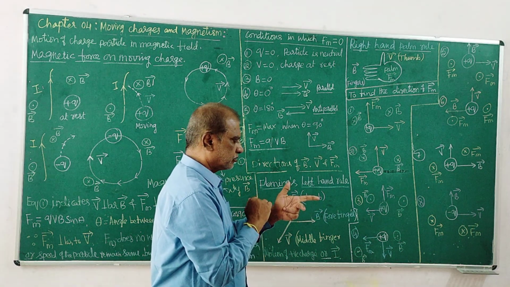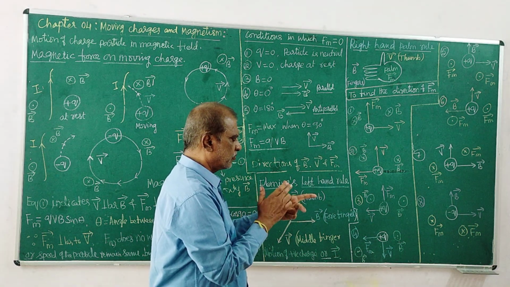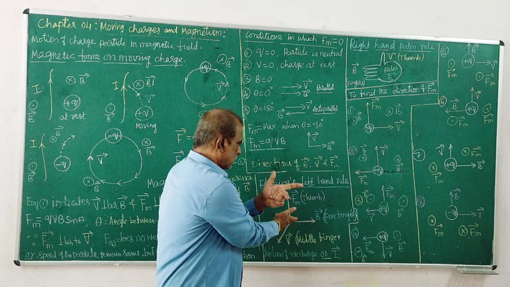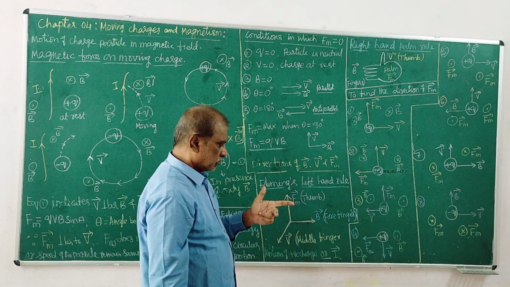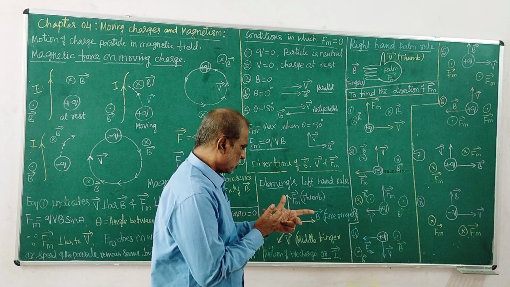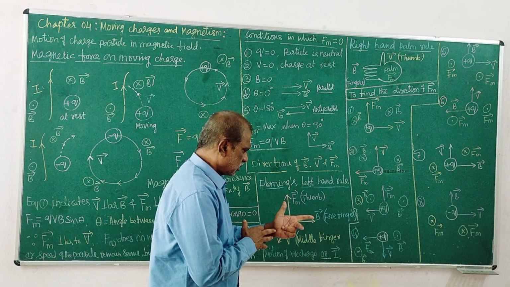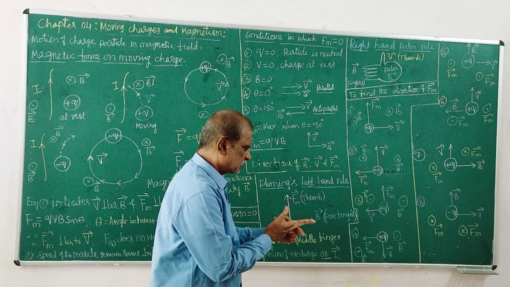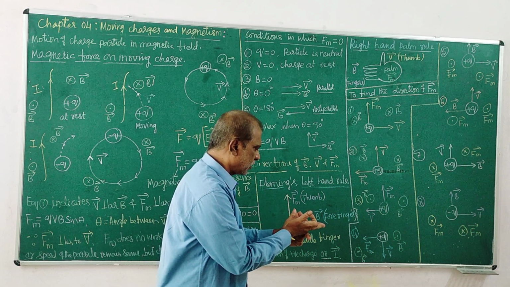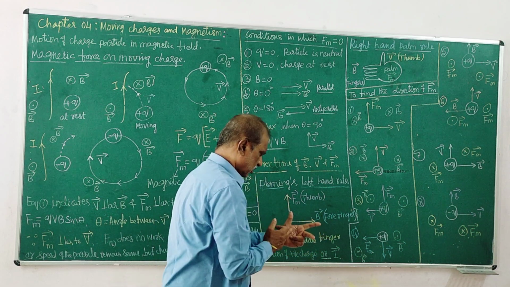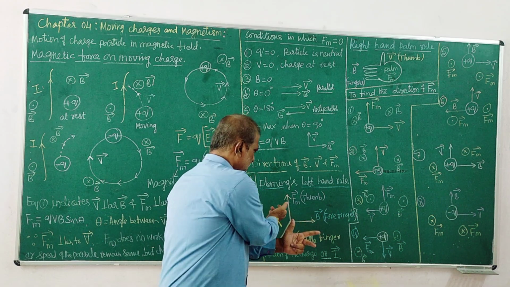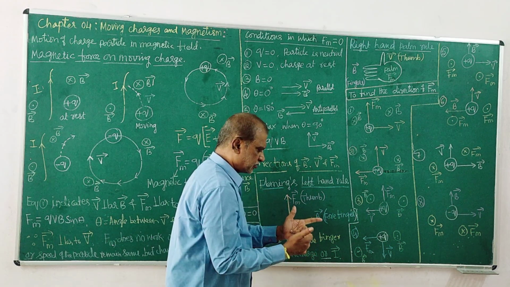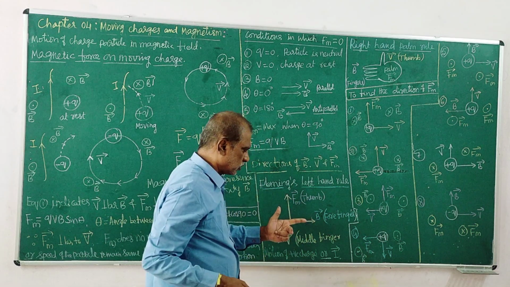As you know, this finger is thumb, this is forefinger, this is middle finger, already indicated here. You have to hold your hand like this, so that this finger lies parallel to this one. This line is parallel to this line, because it is perpendicular to both.